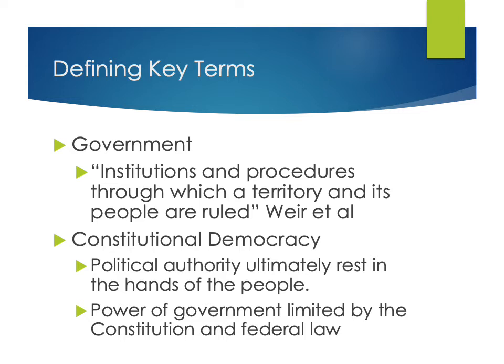And if the government exceeds its authorized powers, there's a consequence for that. The consequence is they can be sued, and then the Supreme Court can rule whether or not that overreach of their power is in fact unconstitutional. They don't have the power to do that. And so government and constitutional democracy sort of go hand in hand.